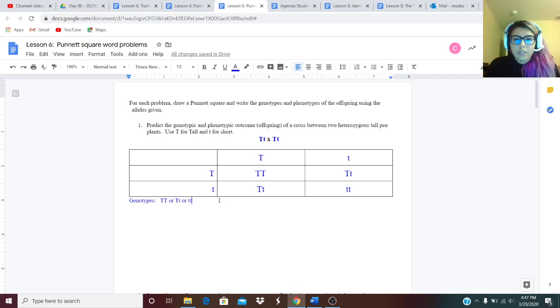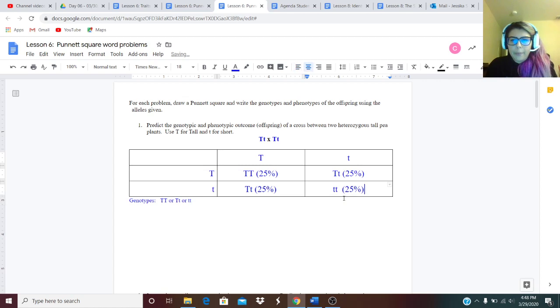Now, remember that each box represents 25% of the outcomes that we are going to get. And it'll make sense why I did that in a second.